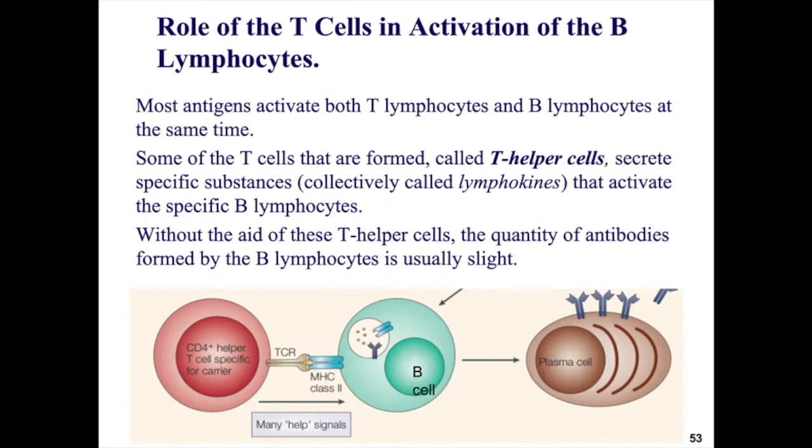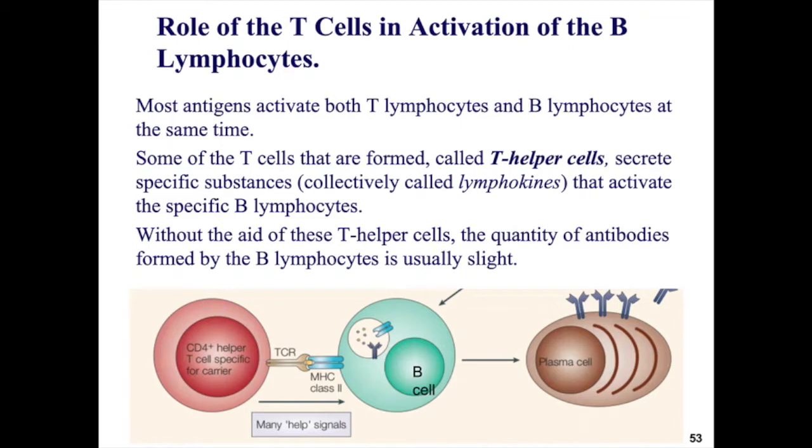To add to this complexity, the lymphocytes collaborate with the other cells, but they also collaborate with one another. The degree to which they collaborate is very variable, and it can cover different aspects. But what is important to understand is that we need the T cells to activate the B cells.